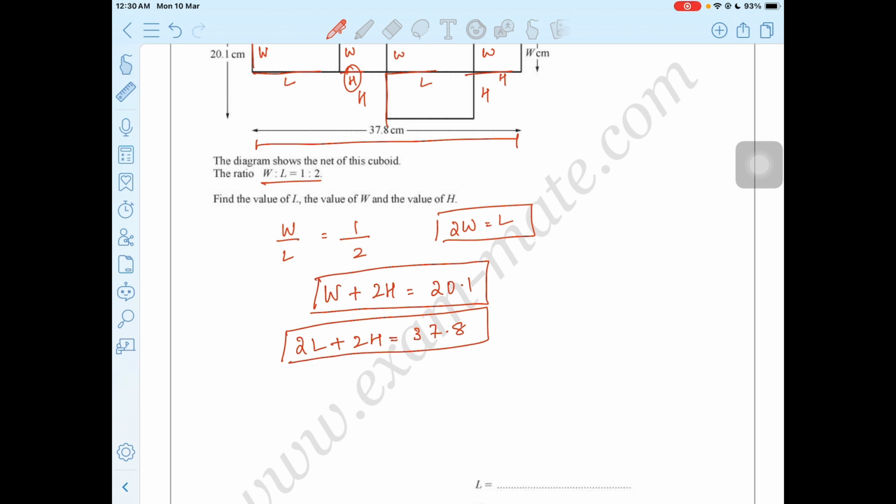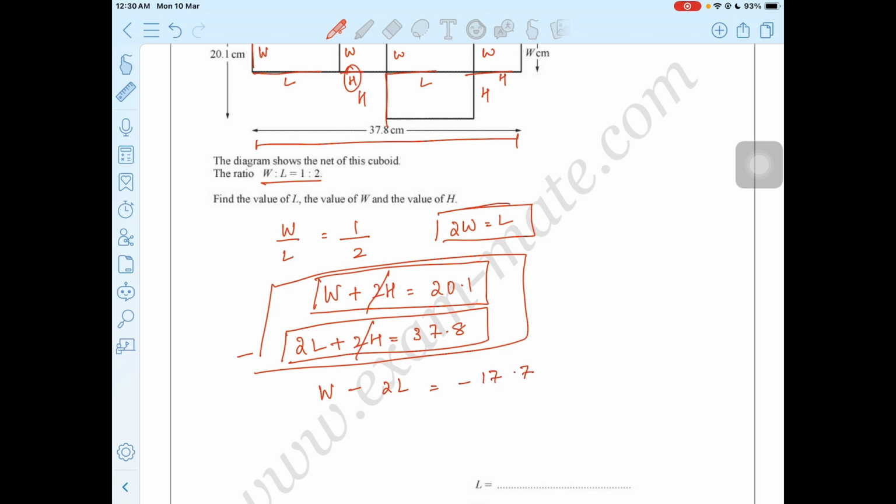Let's just use these two, right? First we subtract these two. So this 2H and 2H cancel out. So we get W minus 2L is equal to 20.1 minus 37.8, which would be negative 17.7, right?